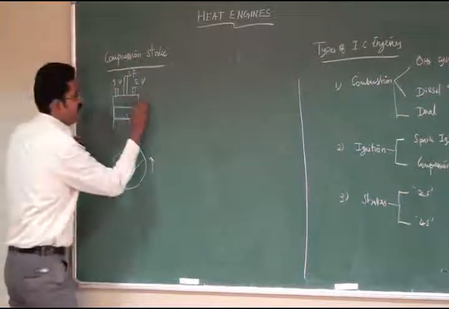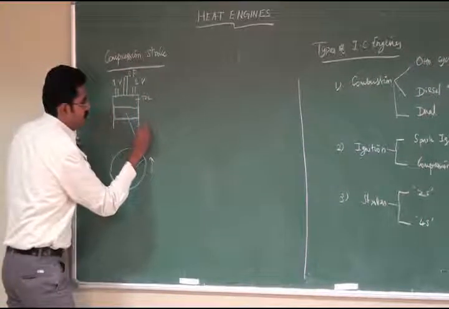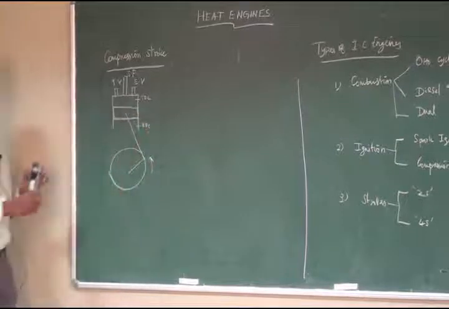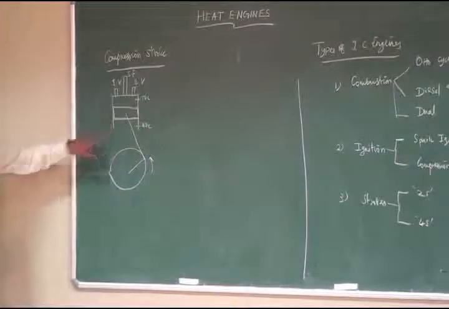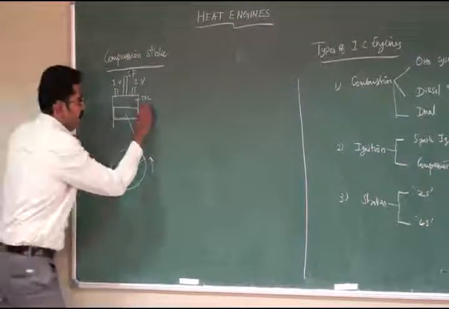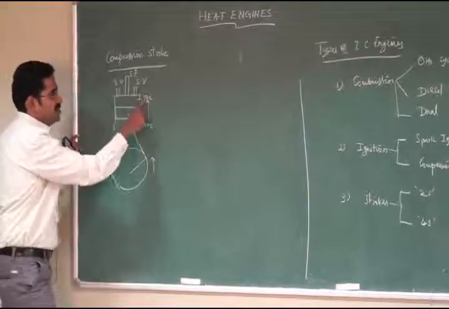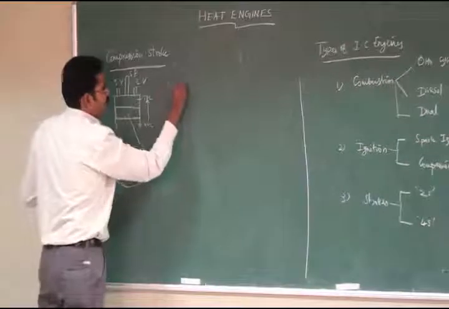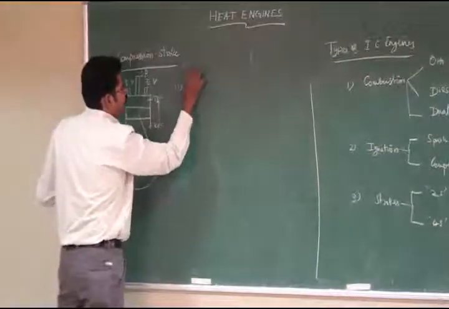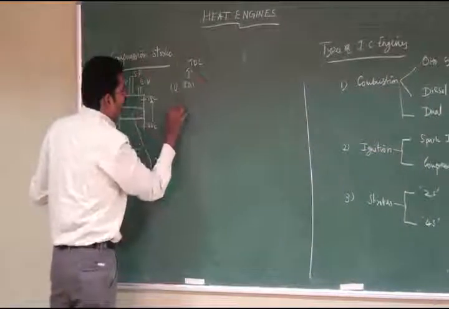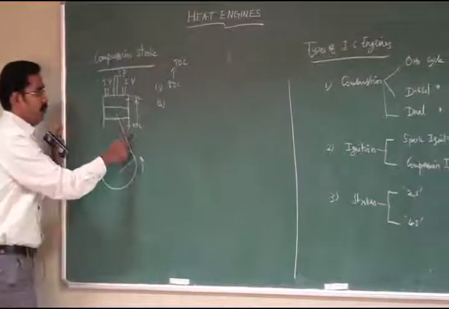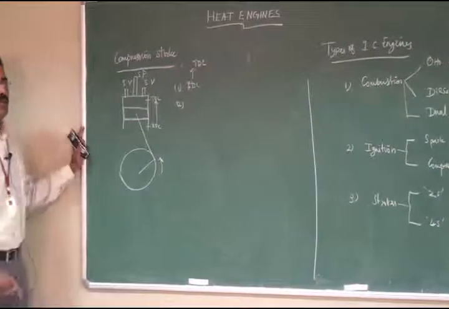This is top dead center as shown by the model. This is bottom dead center. During this stroke, the piston will move from bottom dead center to top dead center. So, BDC to TDC. What will happen when the piston is moving from BDC to TDC?